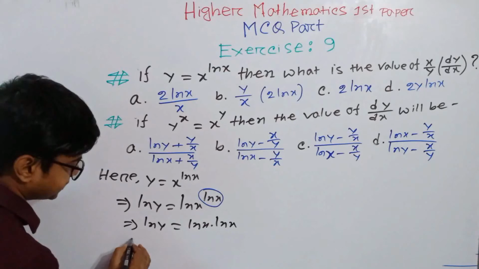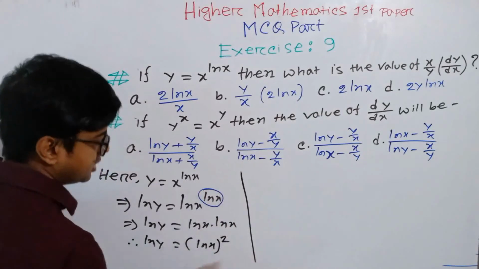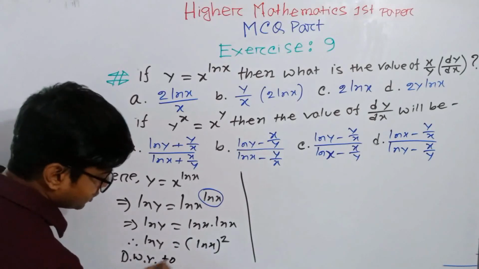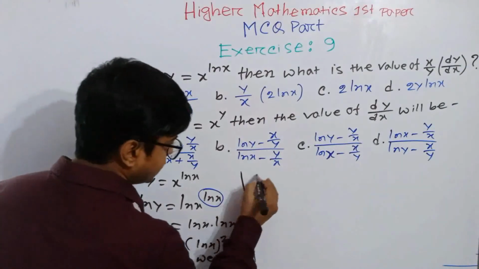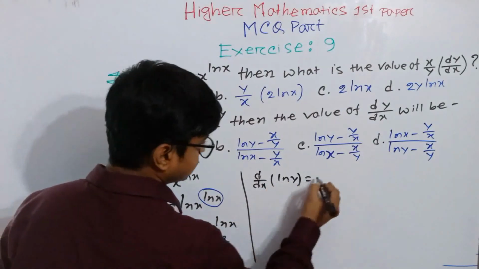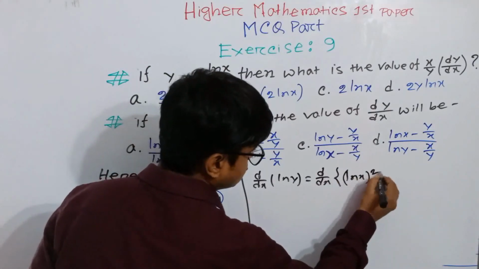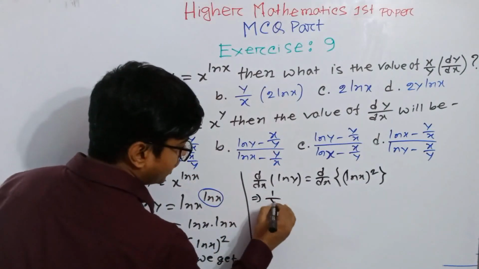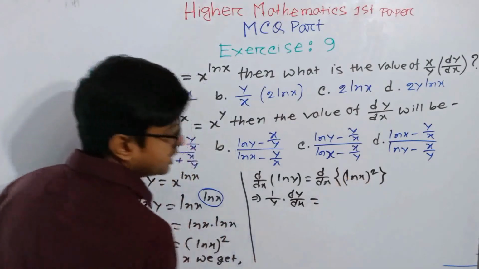We can write ln y equals ln x whole square, and now differentiating with respect to x, we get d/dx of ln y equals d/dx of (ln x) whole square. For ln y, it will be 1 by y into dy/dx.